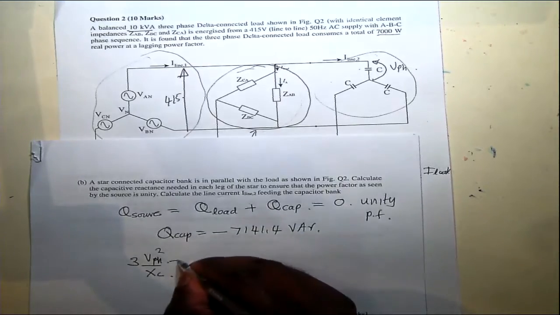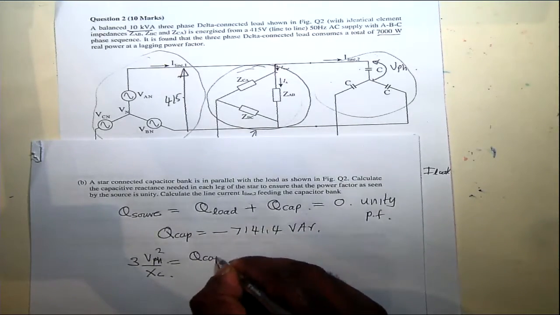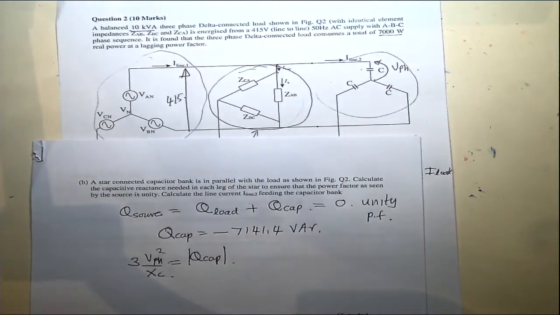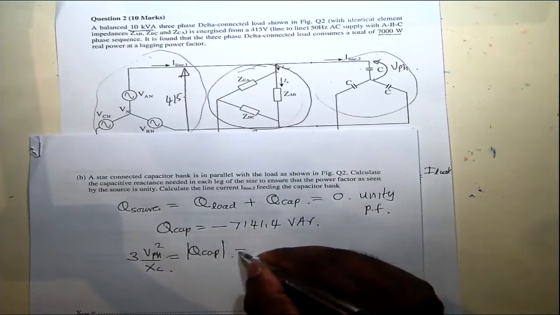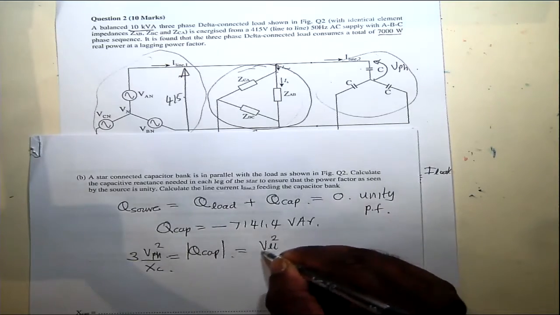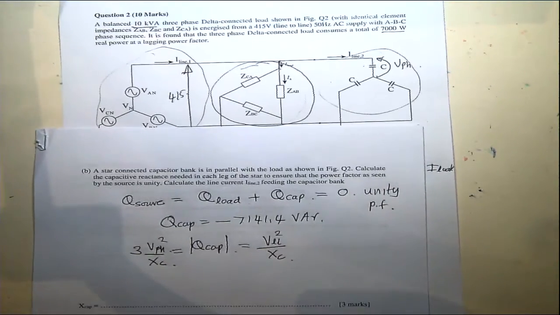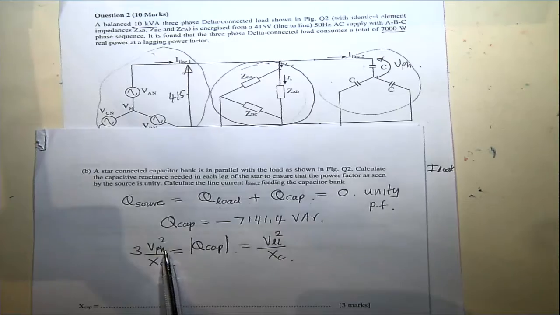This is the total reactive power that has to be supplied by the total 3-phase star connected capacitor bank. If we factor in √3, we can write this as V line to line squared over XC as well, since √3 times the per phase voltage is the line to line voltage.